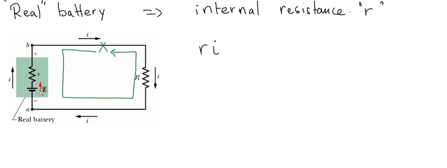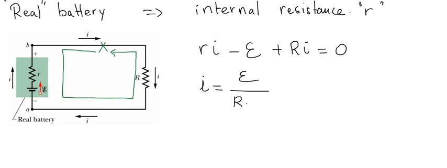The path is opposite to the EMF, so we have minus E, equals 0. So we get the current I equals E over capital R plus small r.